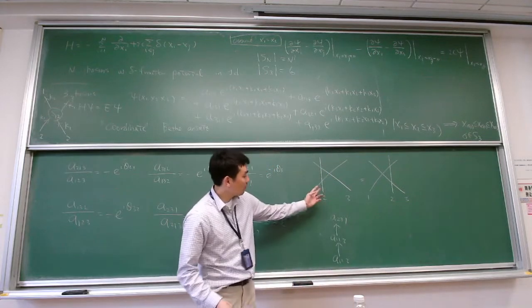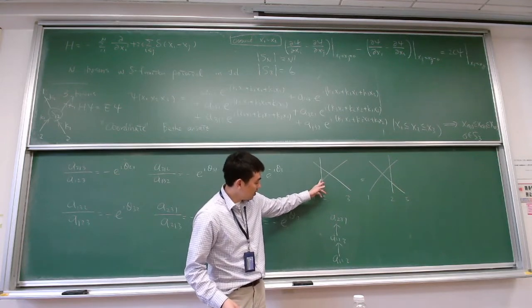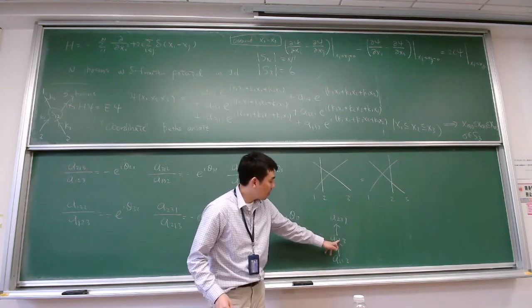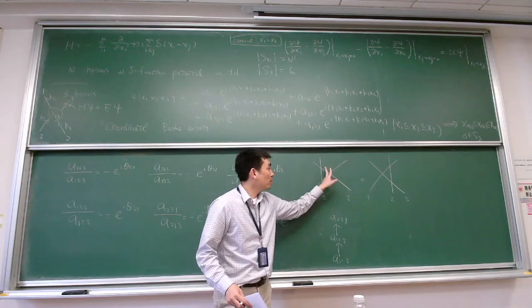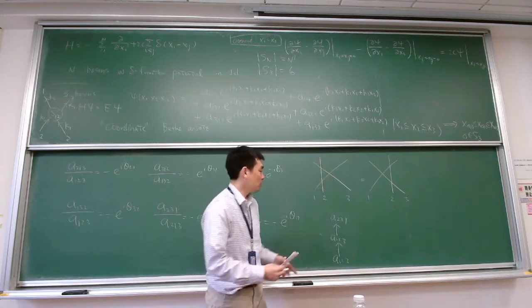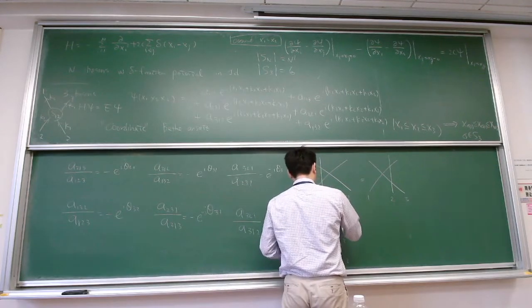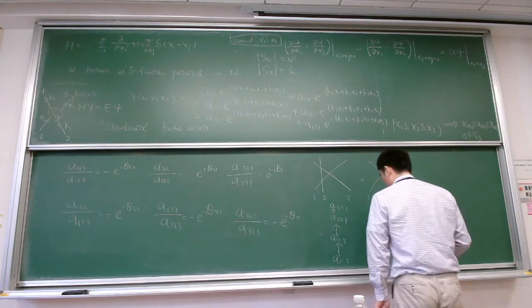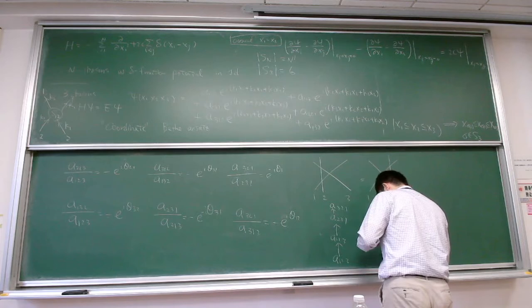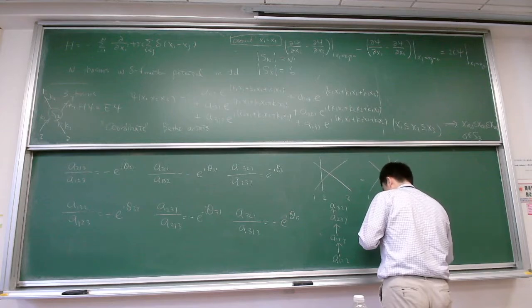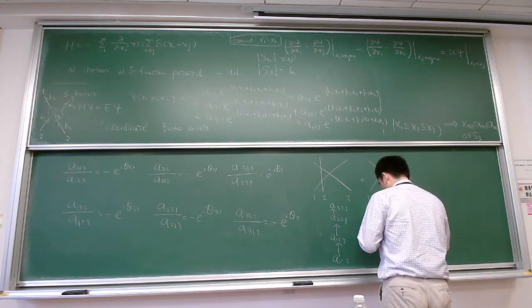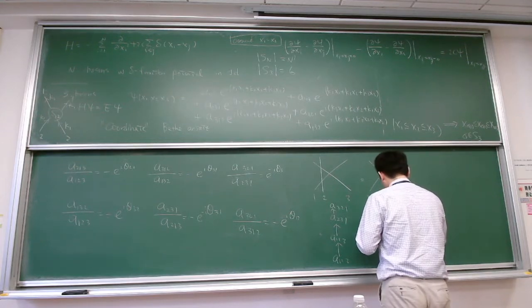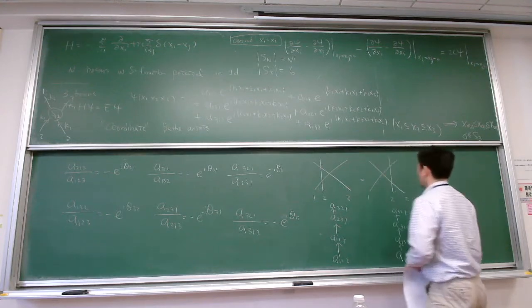So you just swap 1, 2, and now 1, 3 is swapped, and next you have to swap this one, which means A(3,2,1). The other way: A(1,2,3) goes to A(1,3,2), A(3,1,2), and then A(3,2,1).